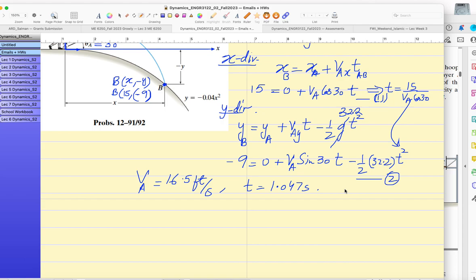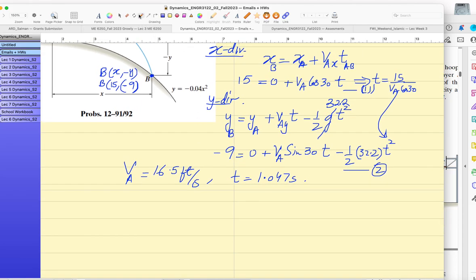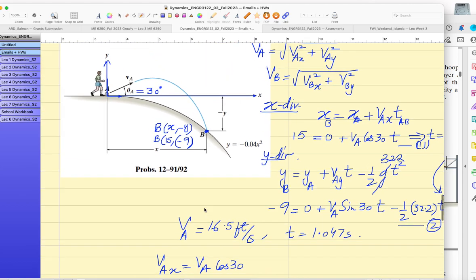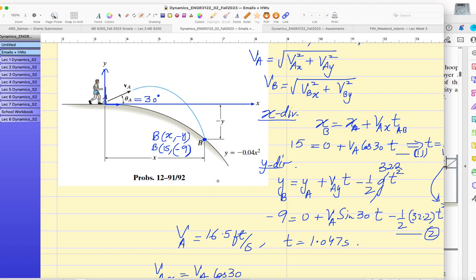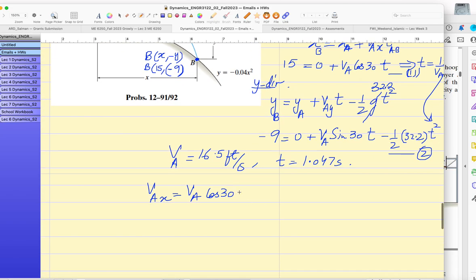So now let's see, we know the magnitude. This is the magnitude, if you already know. So what is VAX? That is equal to VA cosine 30, since the projectile angle is 30 degrees, so we can plug in 30.